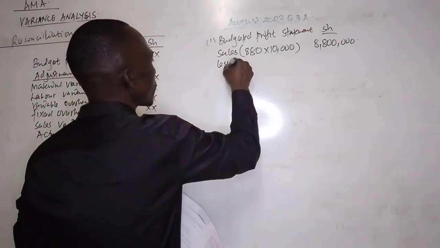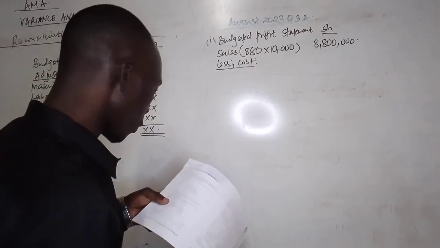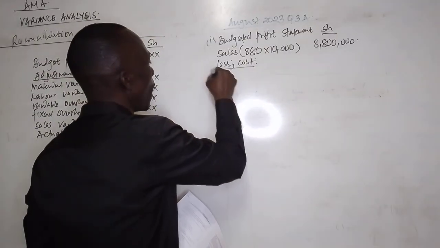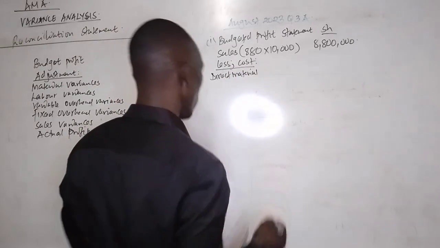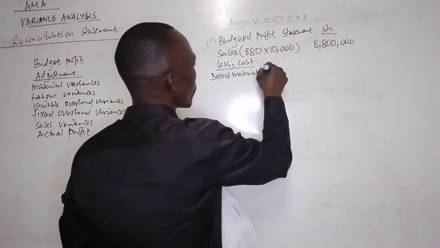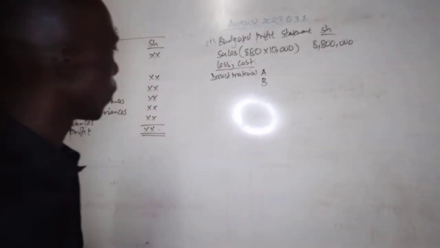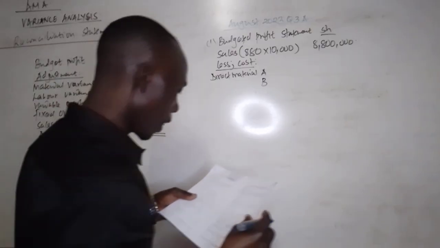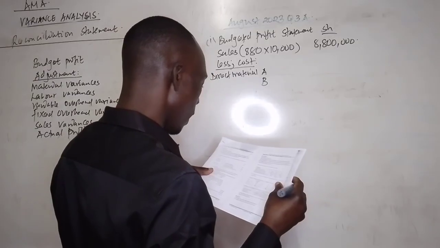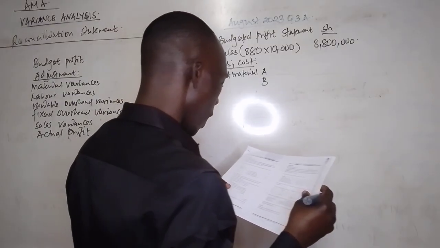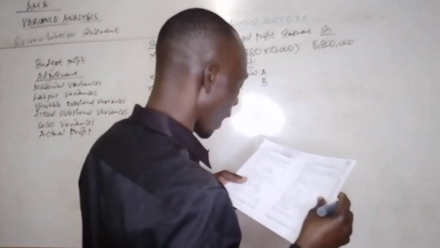Then from there, we raise the total cost. Number 1, we have direct material, categorized into 2, A and B. For A, you are told 2 kgs at shillings 100 per kg, and then we have 1 liter at shillings 150 per liter.